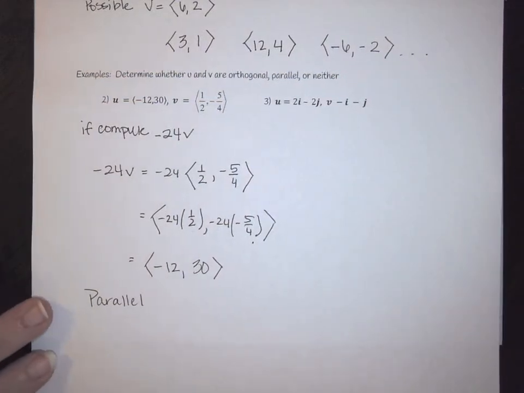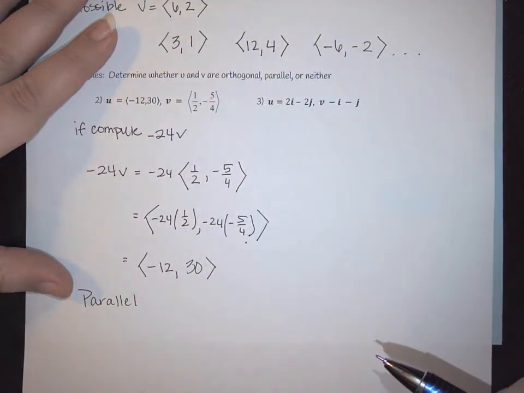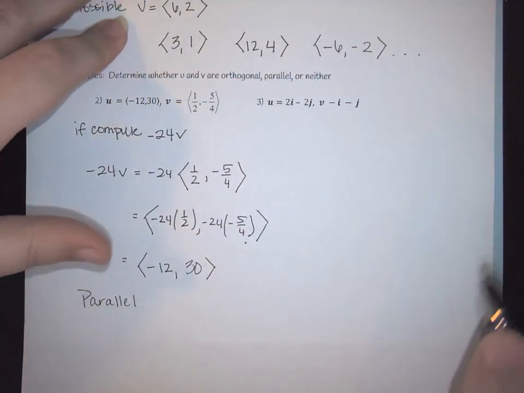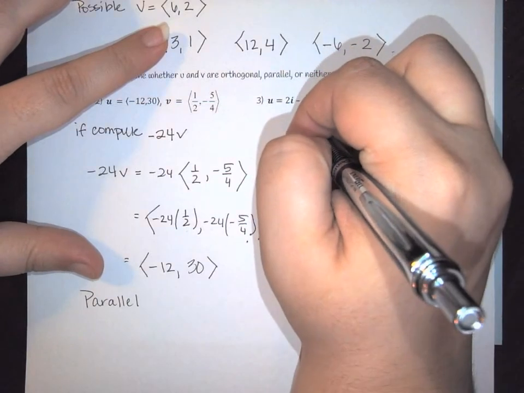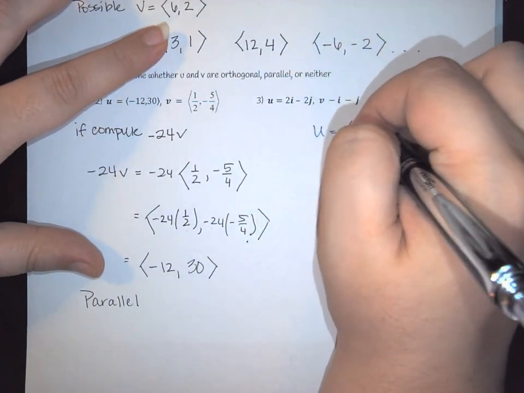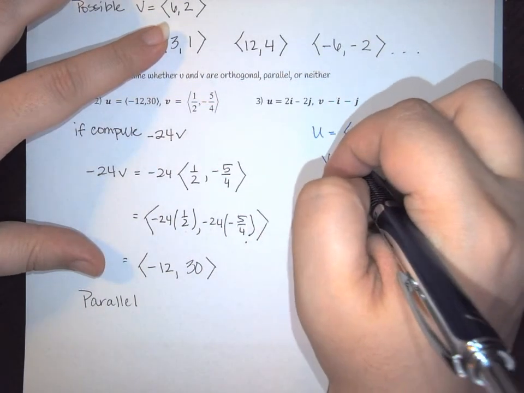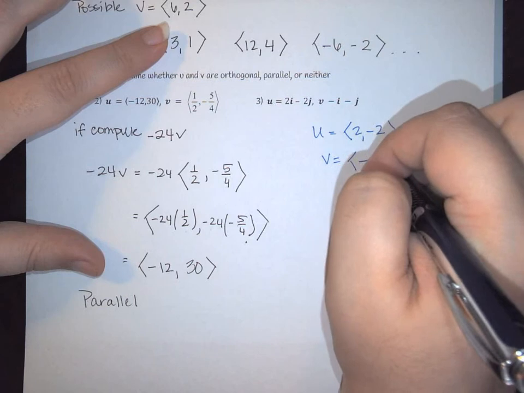Now with my others, notice I'm given the linear forms. Okay? So here my u is going to be the component 2, negative 2. And I have my v, which is going to be the component negative 1, negative 1.